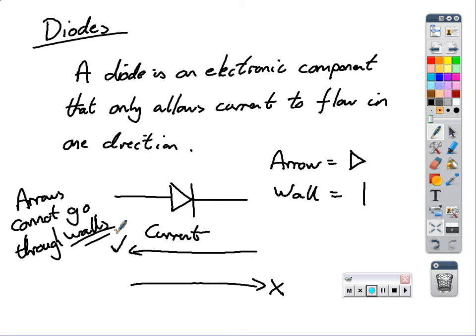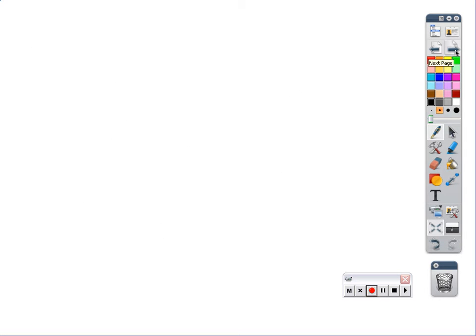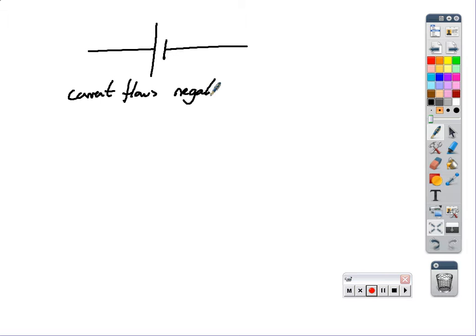Well, before we do that, let's have a wee bit of a recap, talking about batteries and the flow of current. The battery looks like this. Current flows negative to positive.